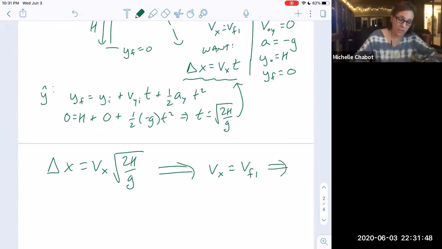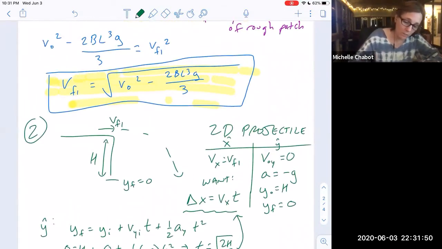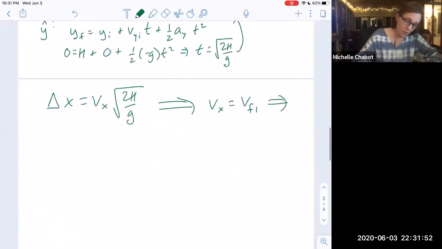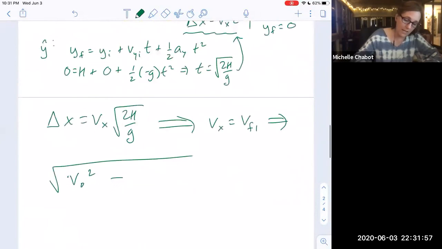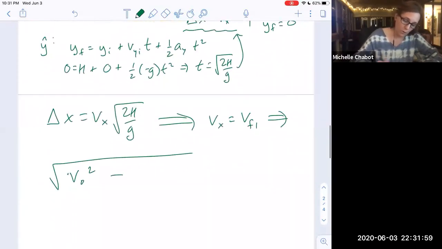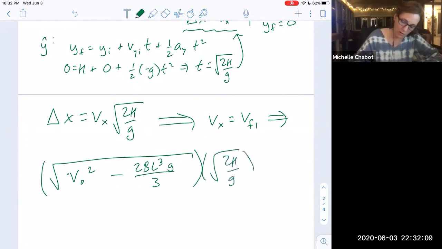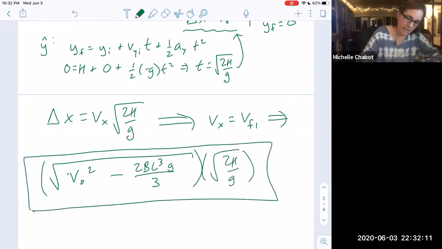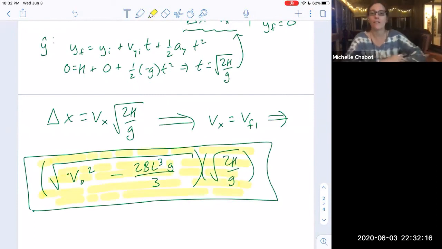So my final answer here is going to be this v final 1: the square root of v naught squared minus 2b L cubed times g all over 3, multiplied by the square root of 2h over g. Again, it does not have to be pretty to be right. So that is our final result for this 2-step problem. Okay, let me know if you have any questions.